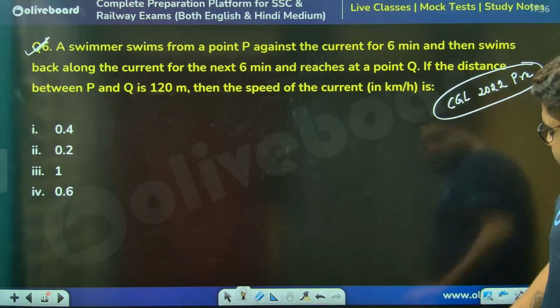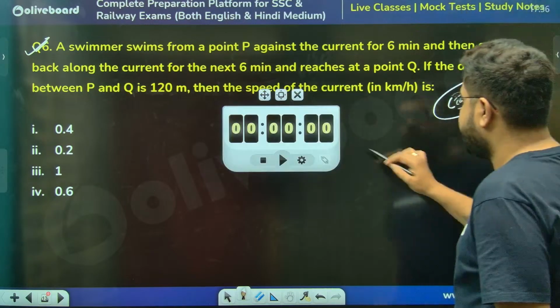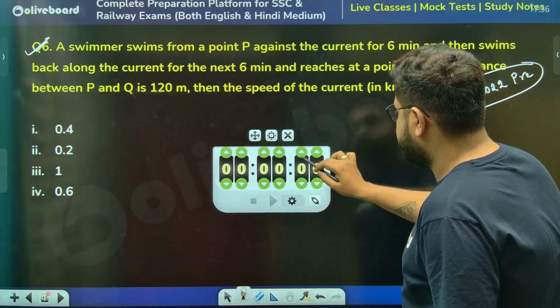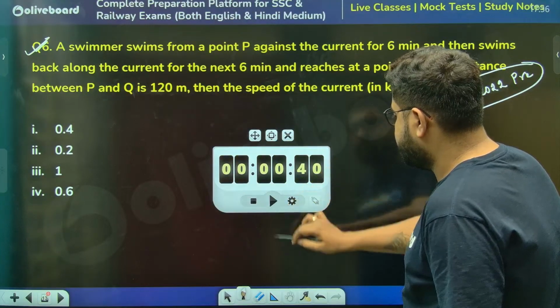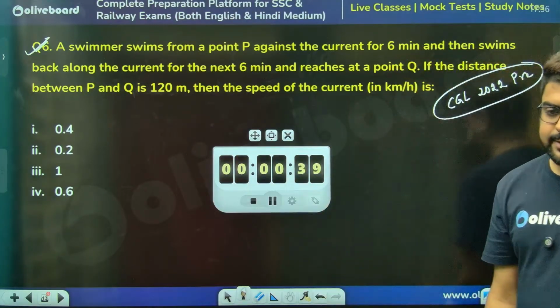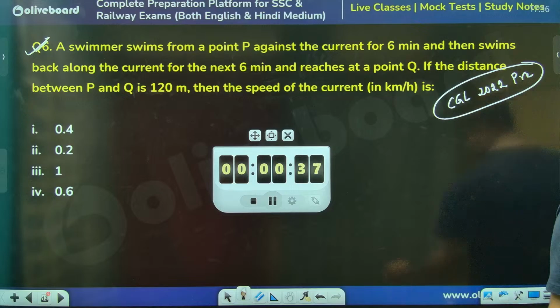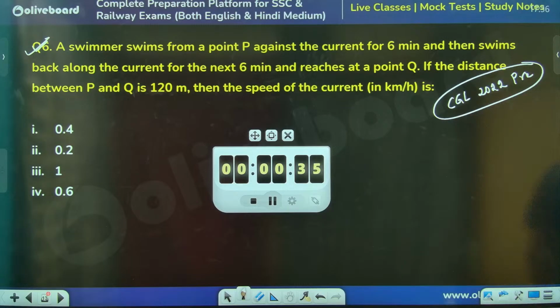Let me give you a few seconds. Forty seconds. Please solve.